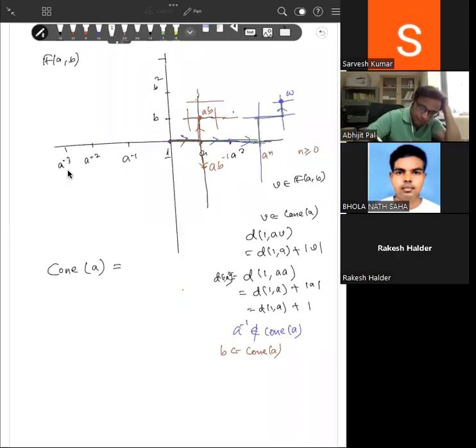So we have a description of this set. The starting word should not be A inverse. So if the starting letter of W is not A inverse, it belongs to the cone of A.